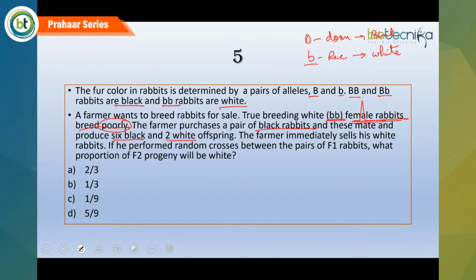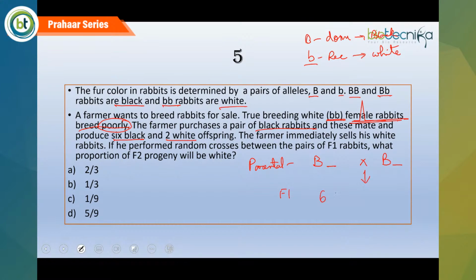All right. Now, let's write this cross here. This will be our parental cross. In the parental generation, the farmer took 2 black rabbits. Black means they both have at least one capital B allele. The other allele we don't know, so we are leaving it blank. Now, the F1 generation, what has he got?